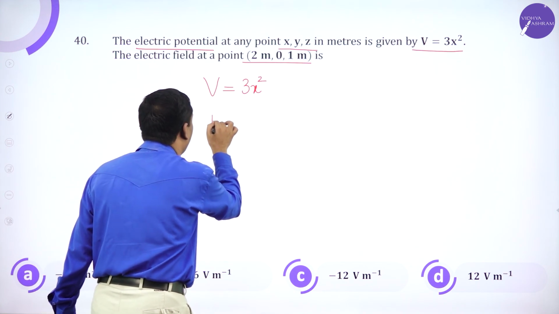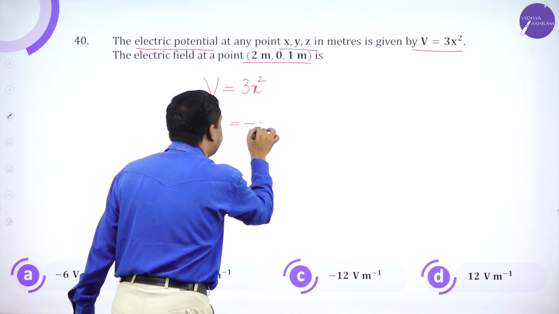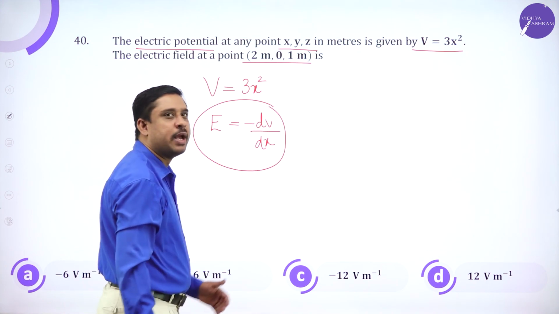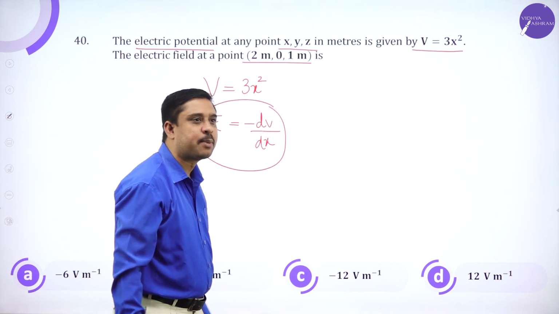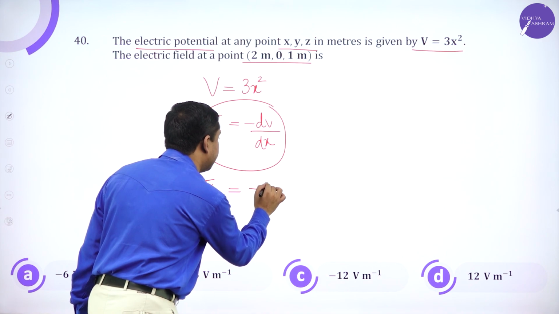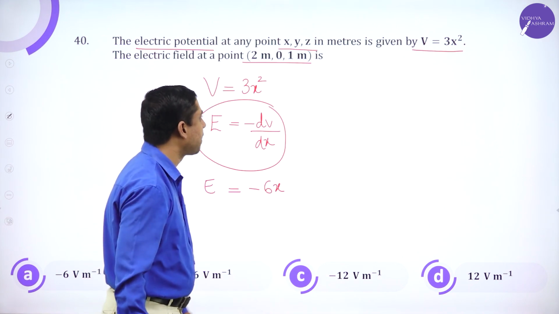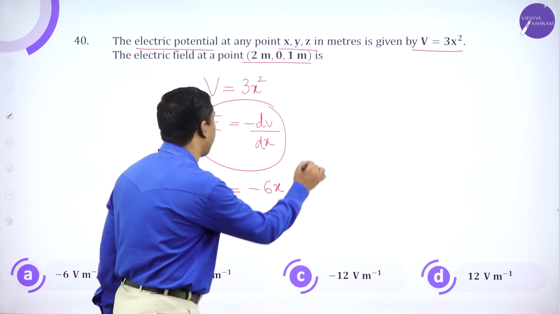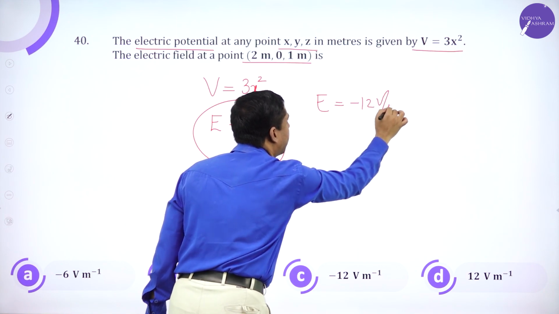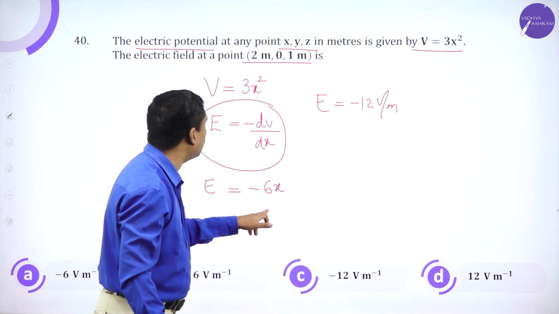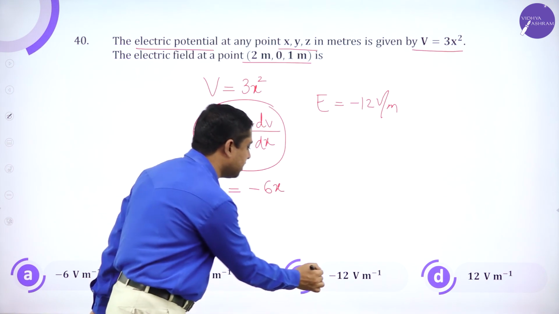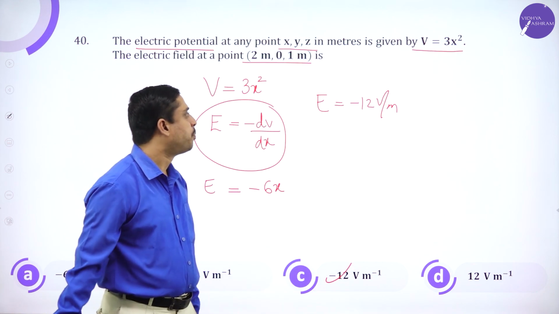We clearly know E is minus dV by dx, the relationship between electric field and electric potential. That means E is minus 6x. Now substituting the given points, E becomes minus 12 volt per meter. So the relevant answer is minus 12 volt per meter.